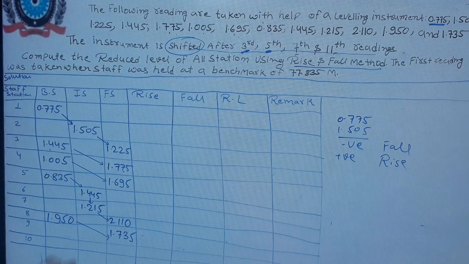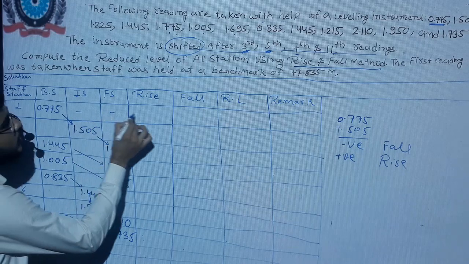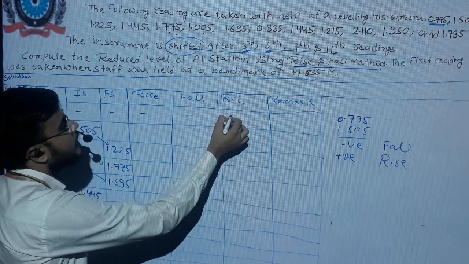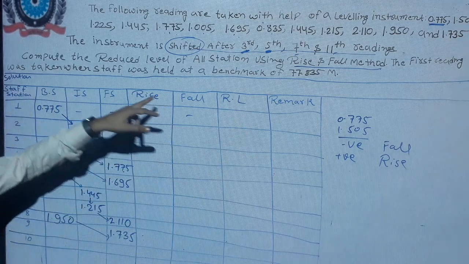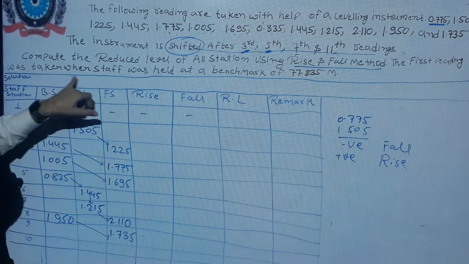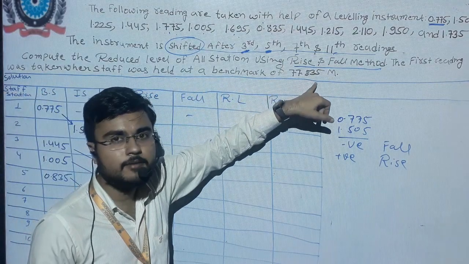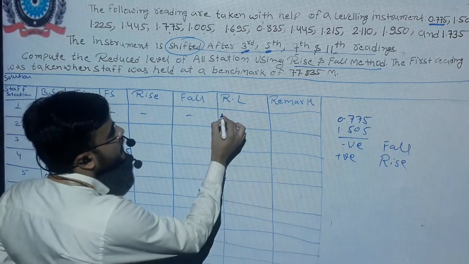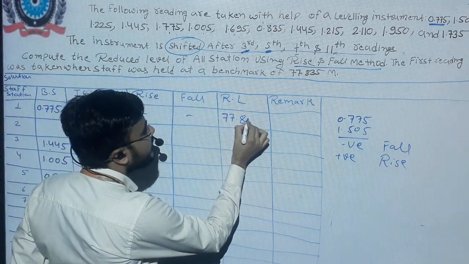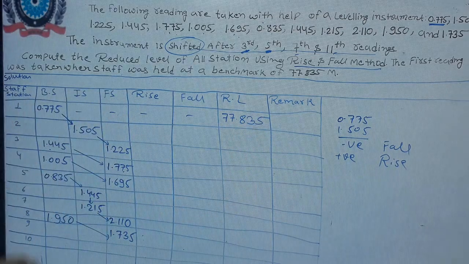So first these columns will be blank, and the RL of the first point is given in our question. The first reading was taken when the staff was held at a benchmark of 77.835. So here 77.835.